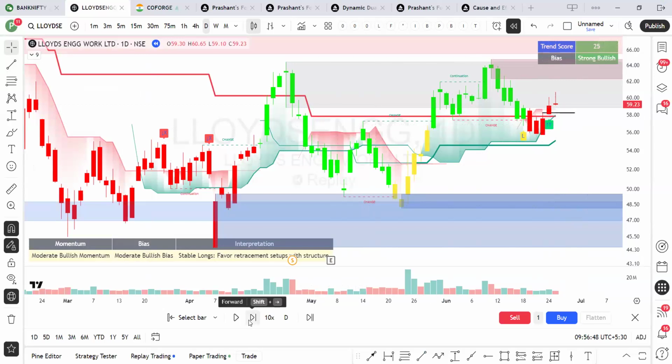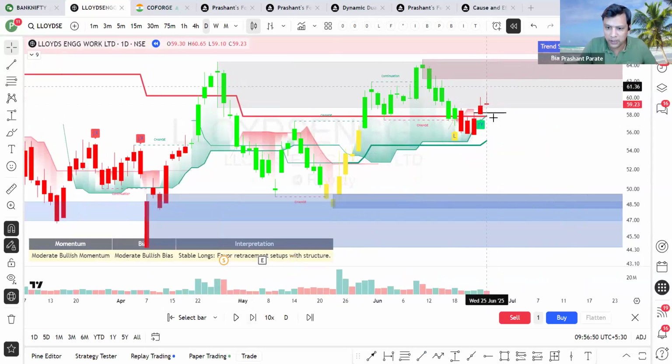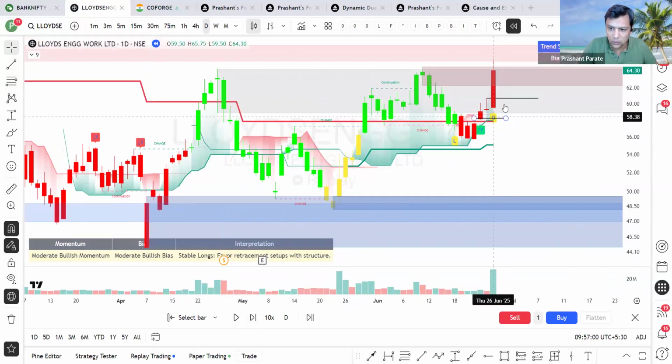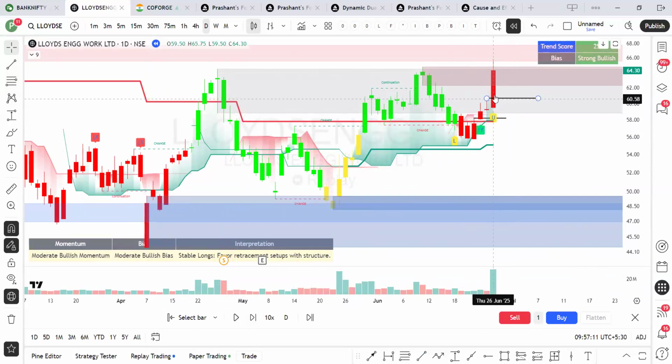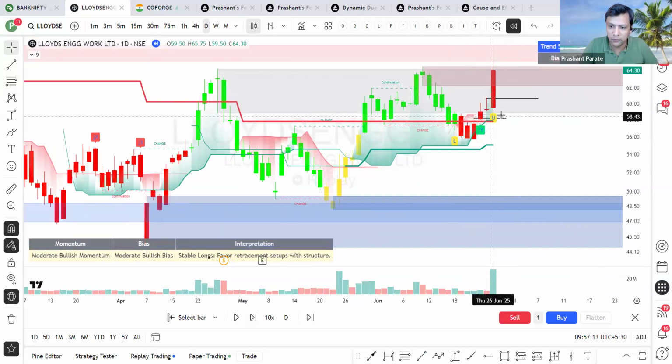And U is printed when price crosses above this candle's high. So during the day, it will start appearing as soon as price starts going above this. But it will be visible only if we check the chart at that time and price is above this. If it again comes down, it will not be visible. So this U is confirmed only at the end of the day when the candle closes above.